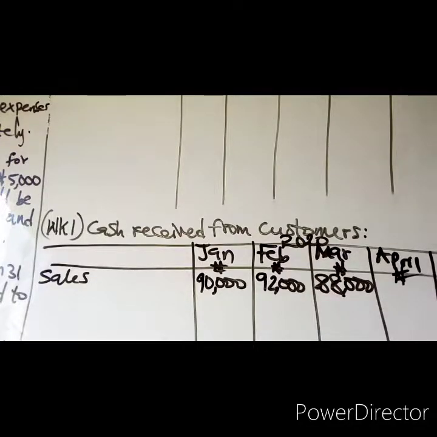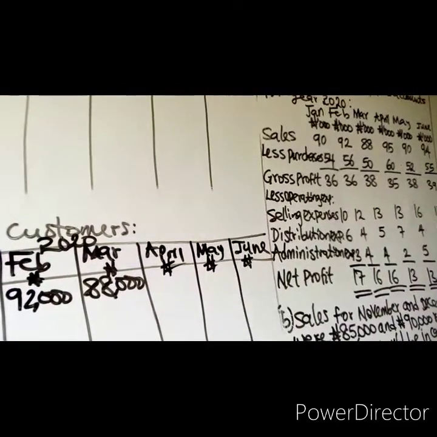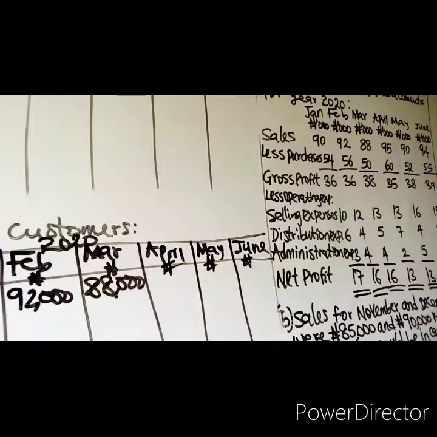Then April, May, and June. In the month of April, we have sales of 95,000, May 90,000, and June 94,000.